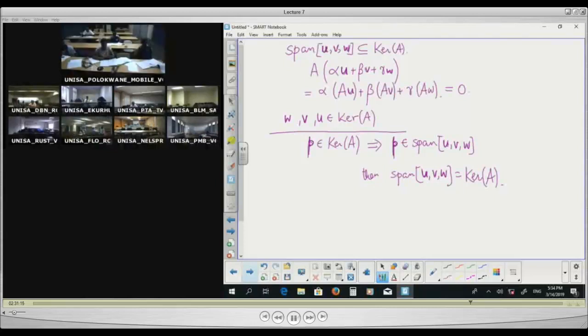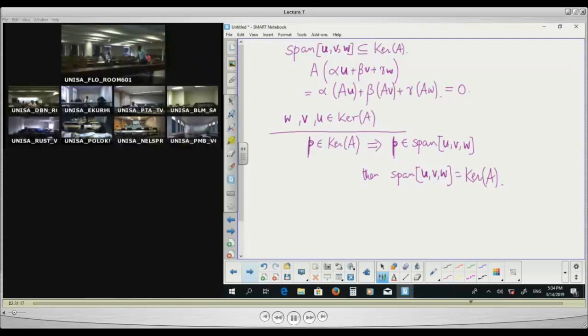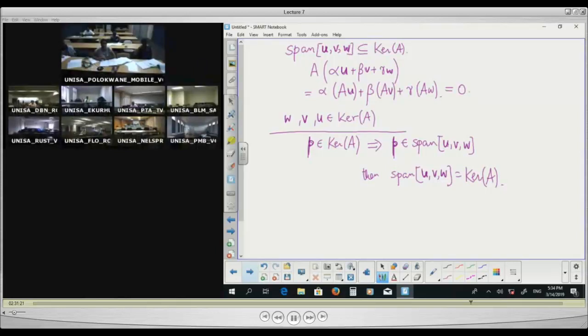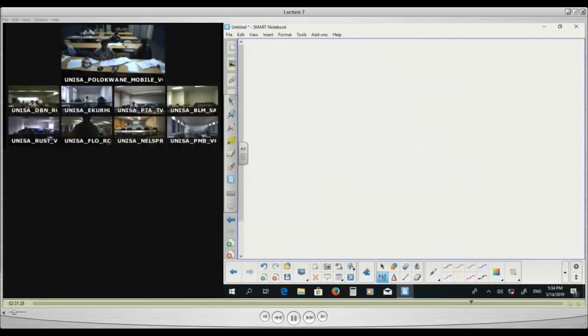If they lie on the same line, they are already dependent. So how can vectors be independent in R2, because then they can't form a plane?